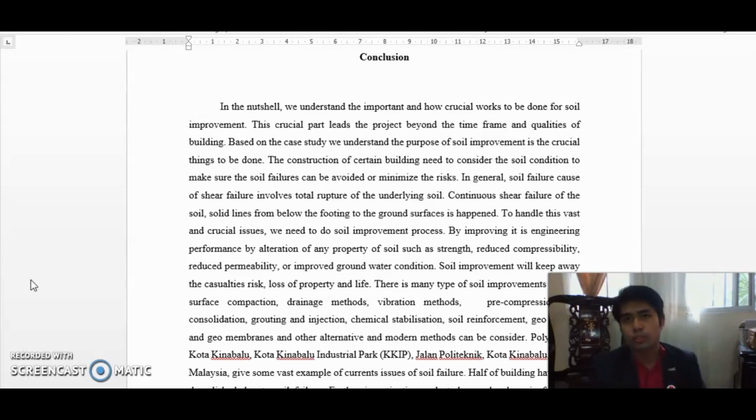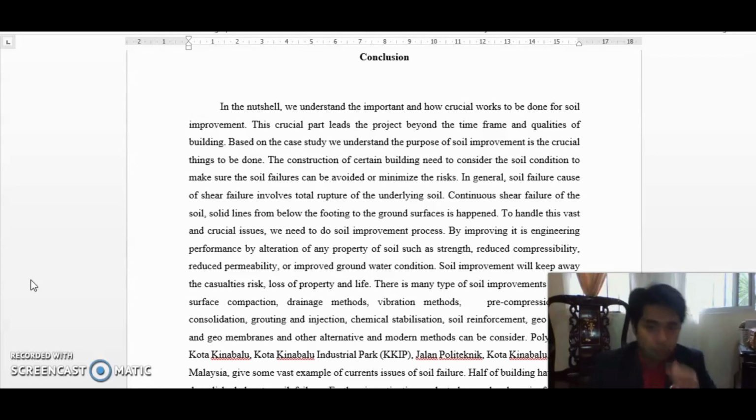When you succeed in handling it, you make sure the building is safe to live in. So it will lead the project to success, beyond the time frame that the building can handle.